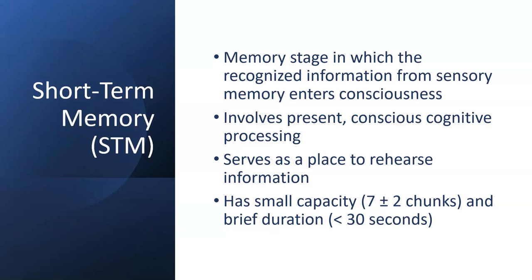Now, short-term memory, on average, has brief duration, not nearly as brief as sensory memory, but on average about 30 seconds. Some individuals have extremely good short-term memory capacity as well as duration. Some people have good capacity but not necessarily strong duration. Some people have really good duration, issues with capacity.